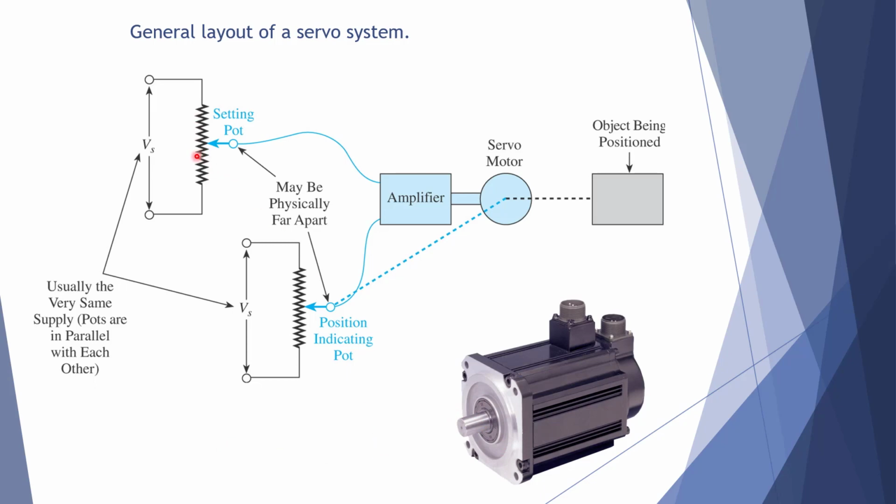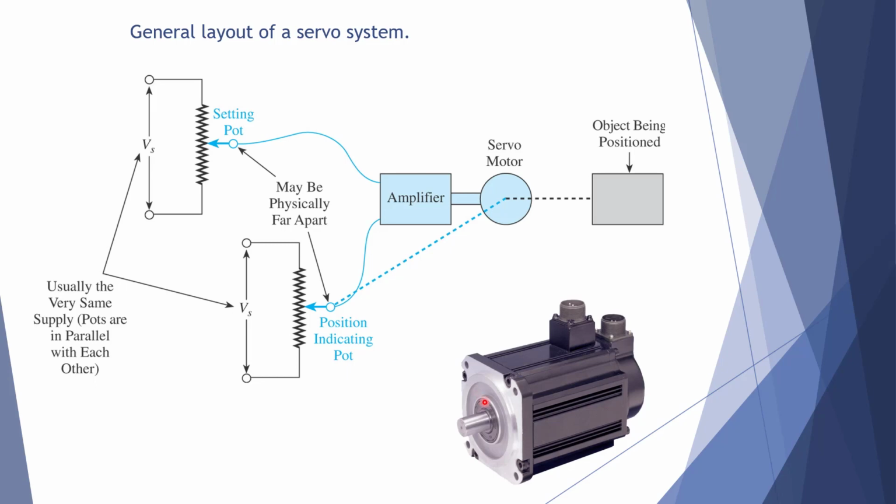So I've got a set point, and that creates an error if it's different from the actual position. So here's my setting, my set point. Here's feedback from a variable resistor that's moving with the device. In this case, my feedback's coming directly from the motor.